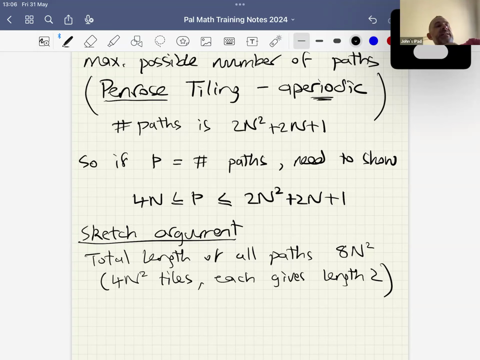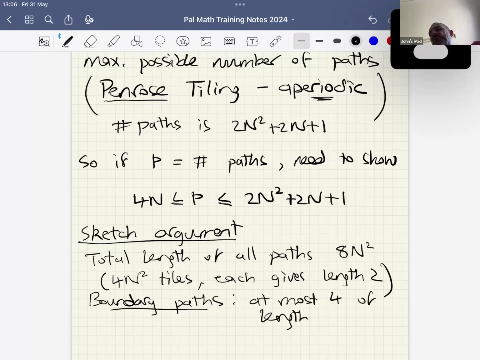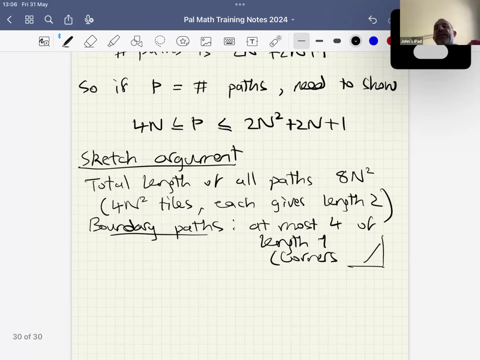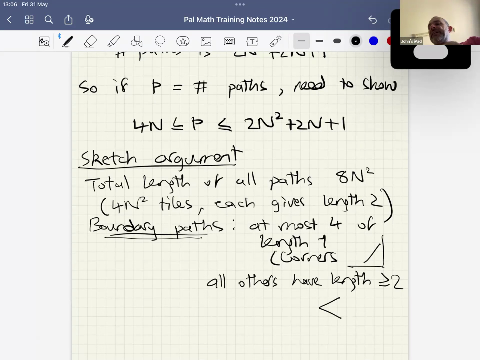So the boundary paths: you've got at most 4 of length 1. These are the corner ones, where you just have a corner and you have a path that goes like that. And all the other boundary paths have length at least 2, because you can have a path that goes like that, but you could also have boundary paths that are much longer.